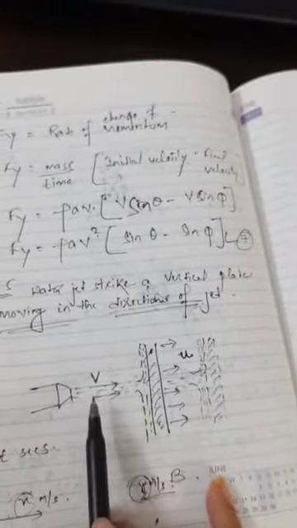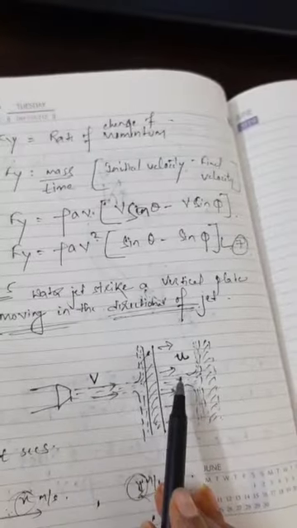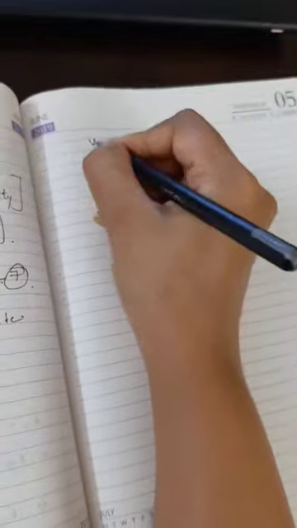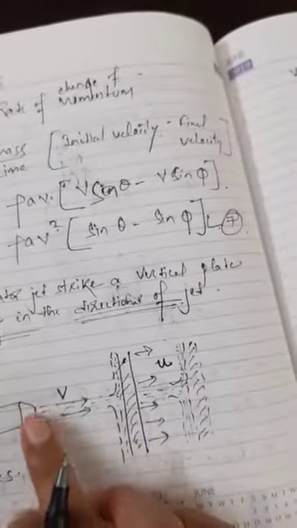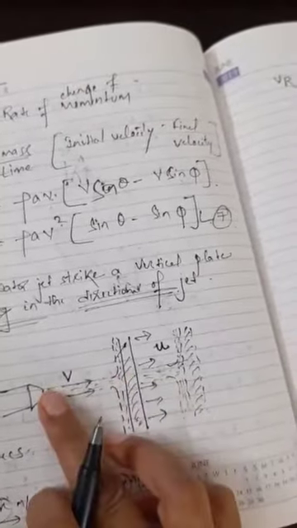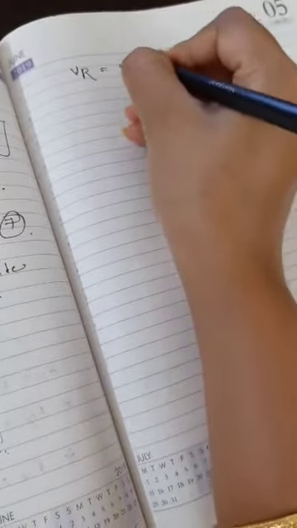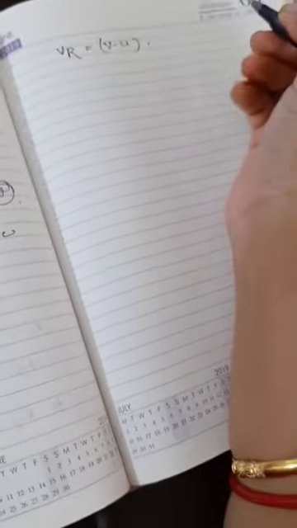So similarly here, as both the water and the plate are in moving condition, I will take the concept of relative velocity. So what is the formula of relative velocity? When both the bodies are in the same direction, the relative velocity will come to be v minus u.